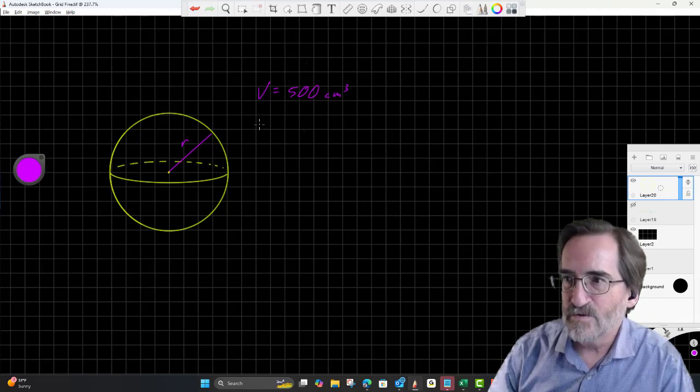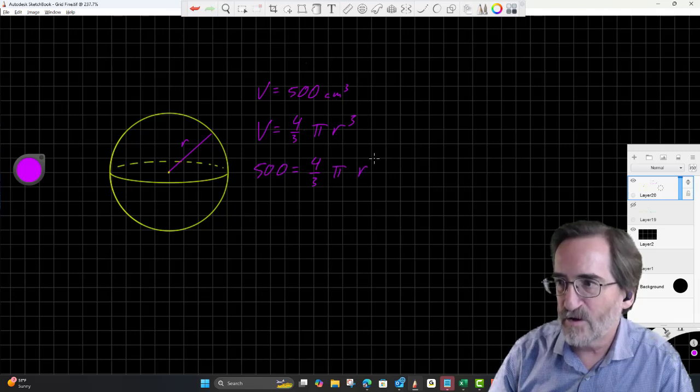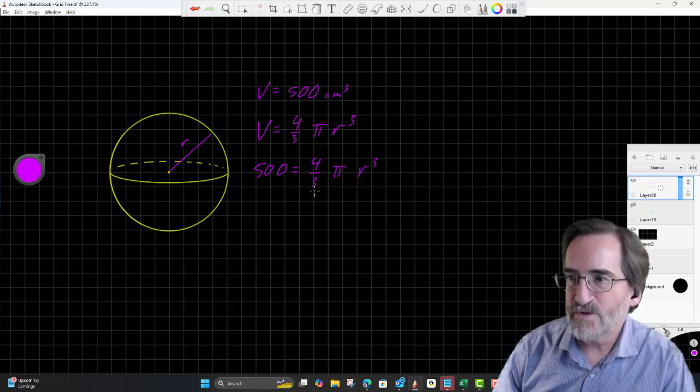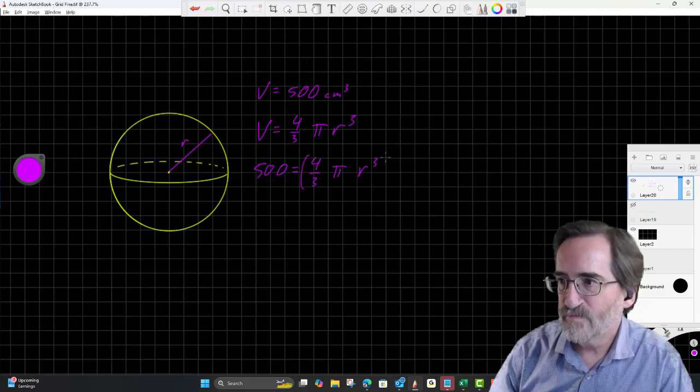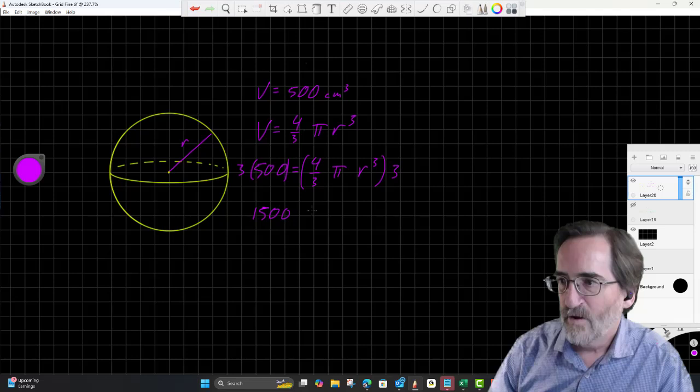So use the formula, volume equals 4/3 pi r cubed. Substitute what we know, 500 equals 4/3 pi times r cubed. Multiply both sides by 3. 1,500 equals 4 pi r cubed.